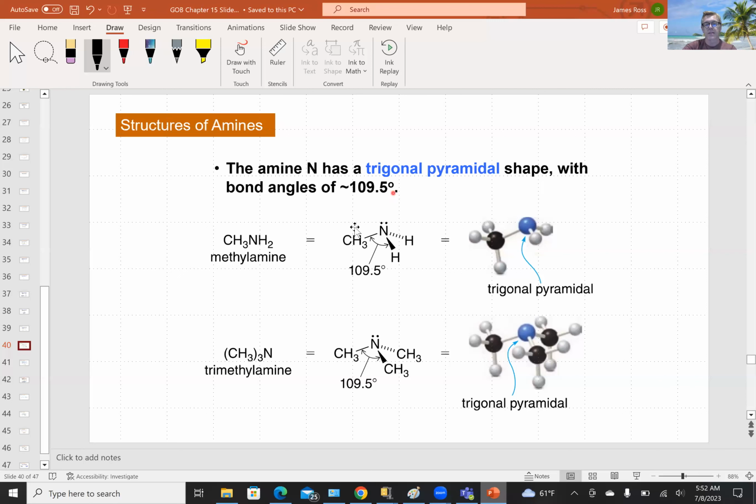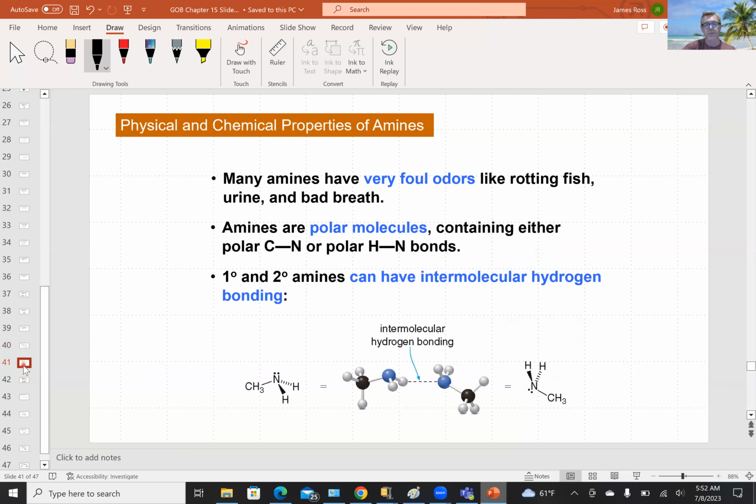It's not exactly 109.5. This bond angle comes from a pure tetrahedron, but that's good enough for us in this course. It's approximately 109.5. And it's polar, so we would have a net dipole pointing from the base of this trigonal pyramid up through the lone pair on the nitrogen.